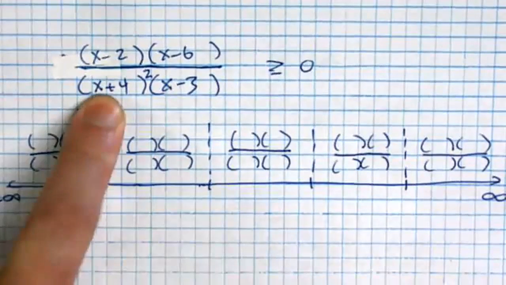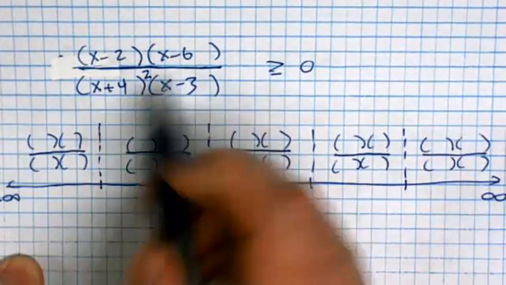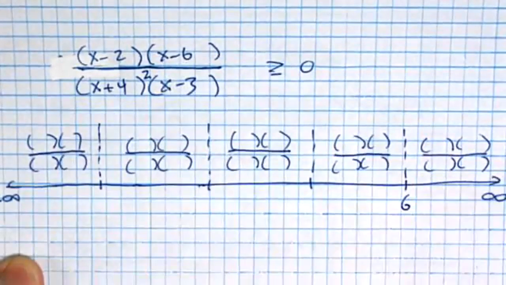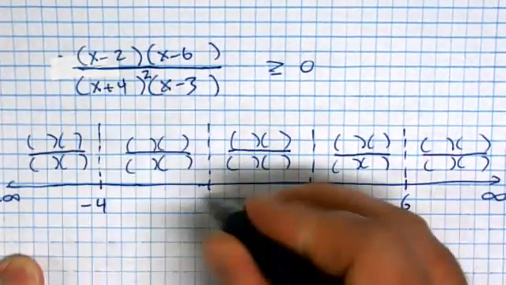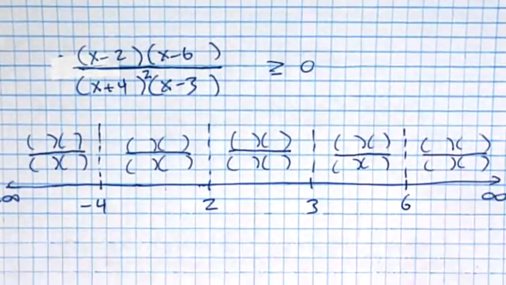Negative 4 is the smallest, right? So positive 6 is going to be the biggest. Negative 4 is going to be the smallest. We've also got a 2 and a 3.